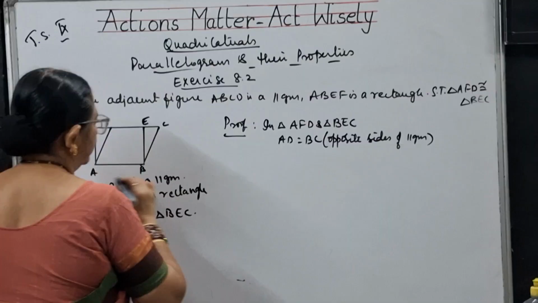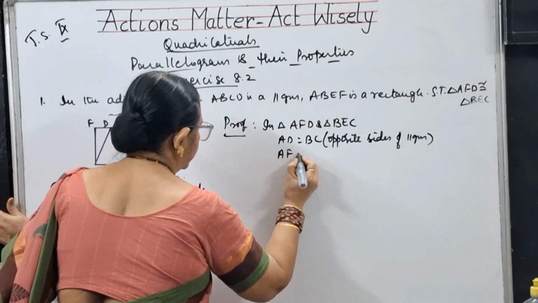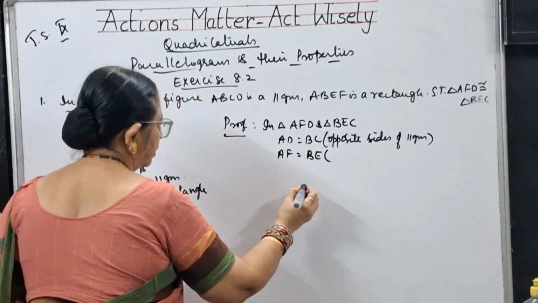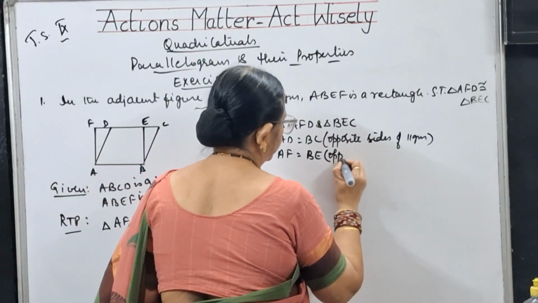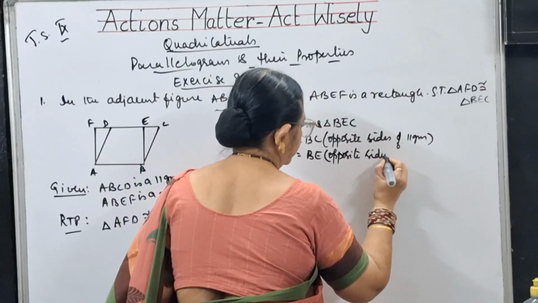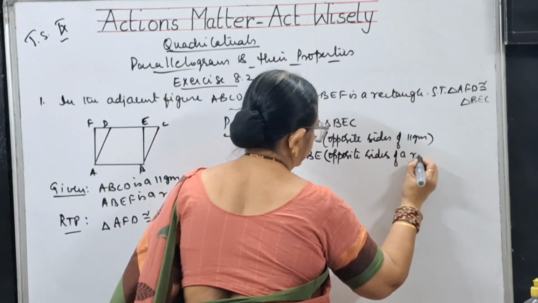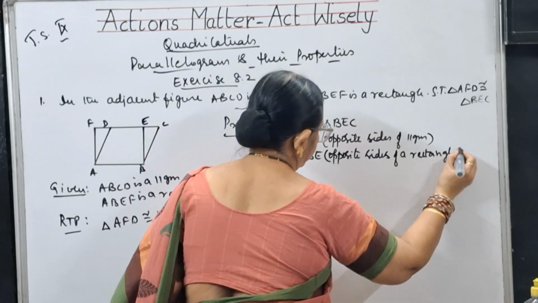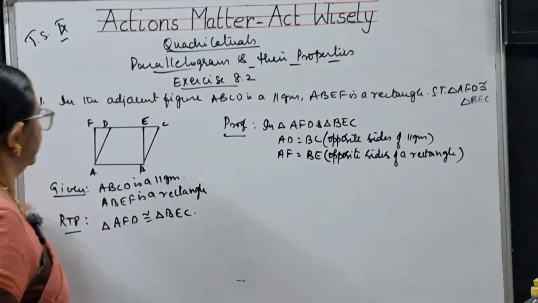And also AF is equal to BE. They are opposite sides of a rectangle. We know that in the rectangle also opposite sides are equal.